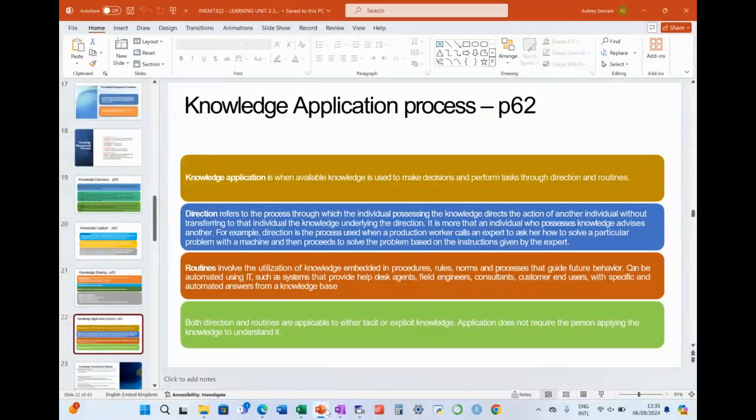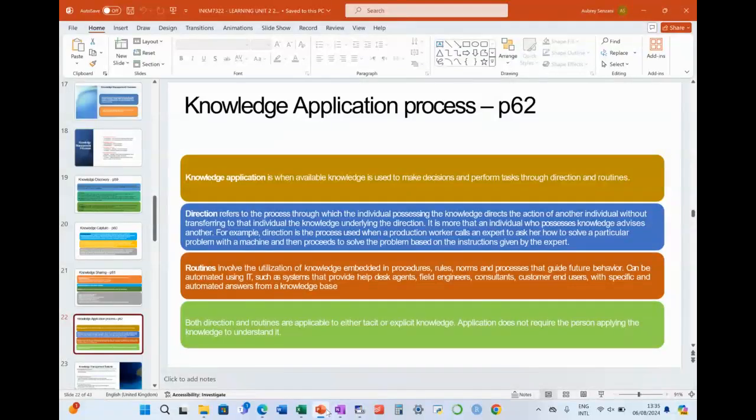For example, direction is the process used when a production worker calls an expert to ask her how to solve a particular problem with a machine, and then proceeds to solve the problem based on the instructions given by the expert.